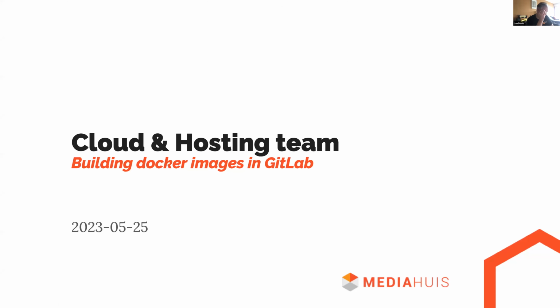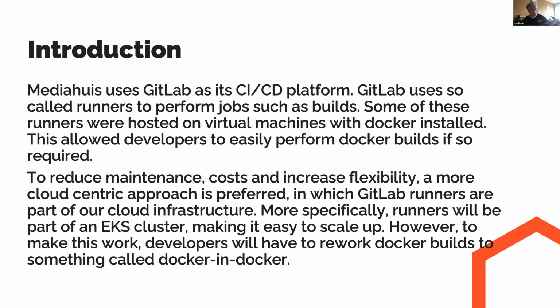So a small introduction. It's a lot of text, but I'll run it by you quickly. At the moment, we still have dedicated virtual machines that are basically GitLab runners that take workloads and process jobs for developers.